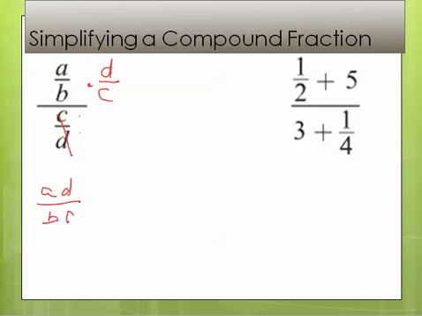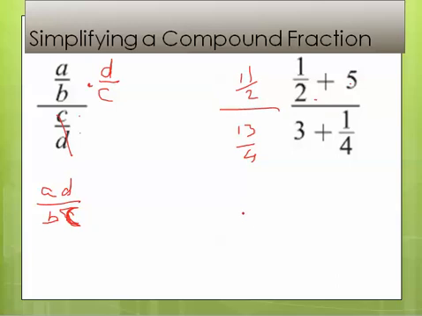Oops, helps if I write in the center of my pad here. That's a C. It really is a C. Okay? When I see numbers like this, I always turn them into improper fractions, since they're already mixed numbers. That's going to be 11 over 2, and this one down here is going to be 13 over 4. And I'm dividing.